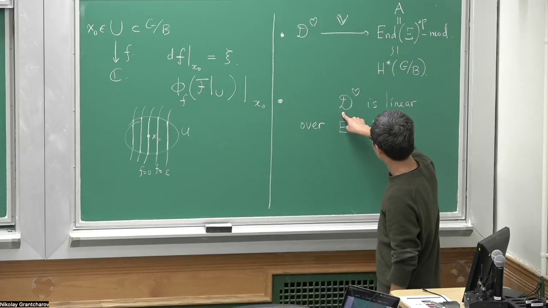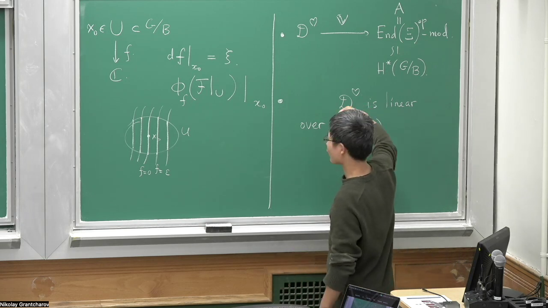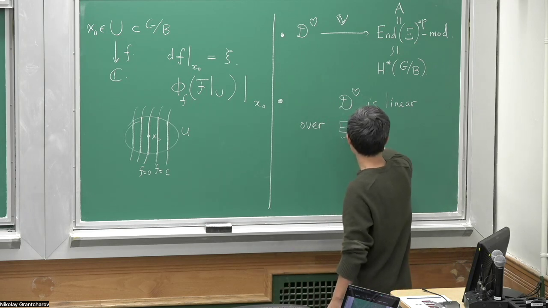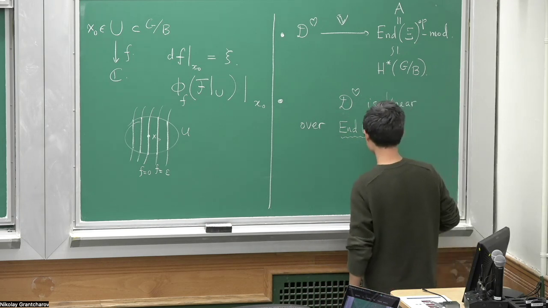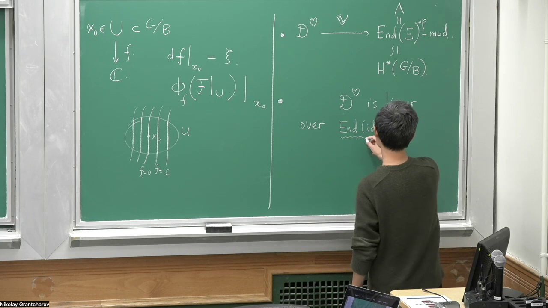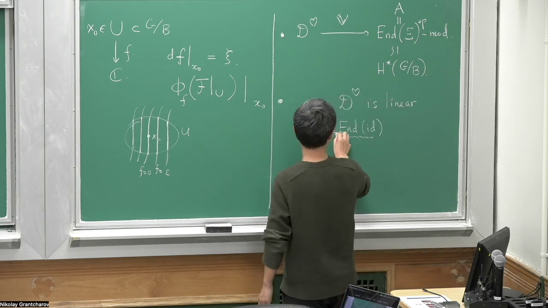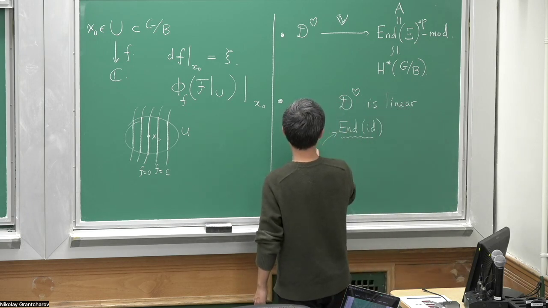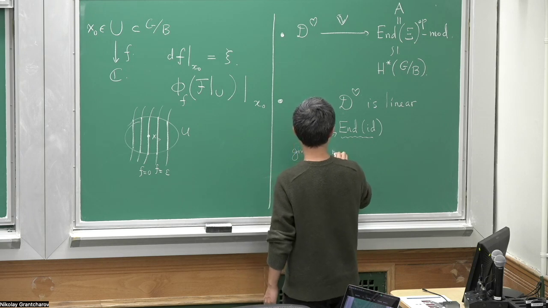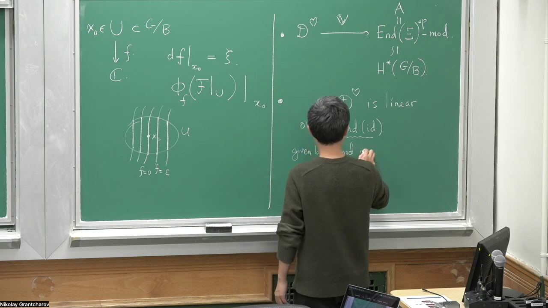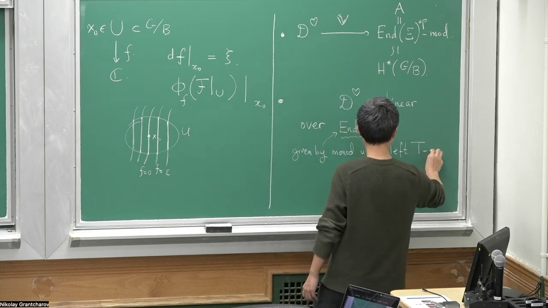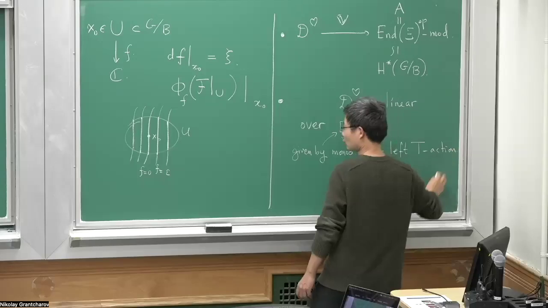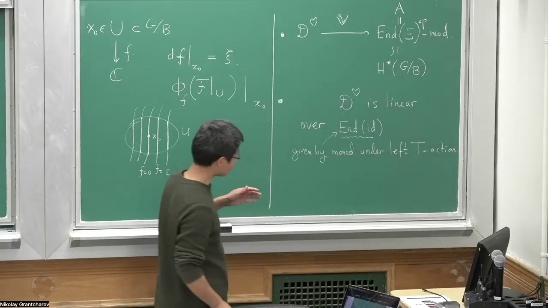This means a compatible collection of endomorphisms for each object, compatible with all the morphisms. From the definition, we see some endomorphisms of the identity functor of geometric origin. Some of these are given by the monodromy under the left translation by the torus.